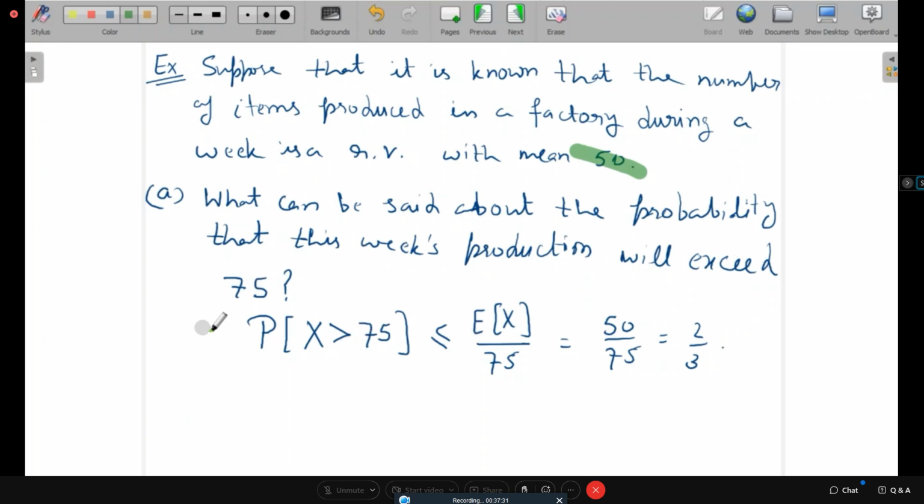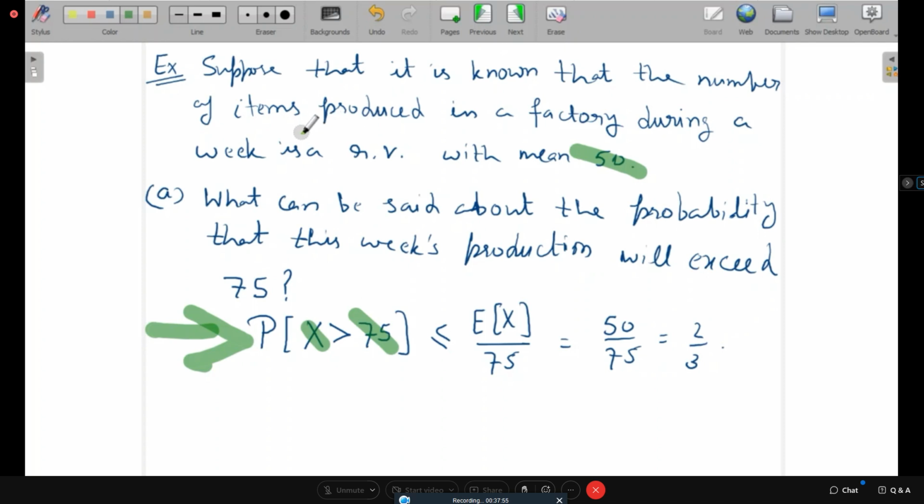It's a very straightforward application of what you are interested in. If you denote by X the number of items produced in a factory during a week, you are estimating the probability that X is greater than 75, and you don't have any other information.